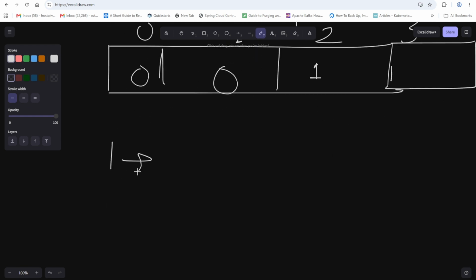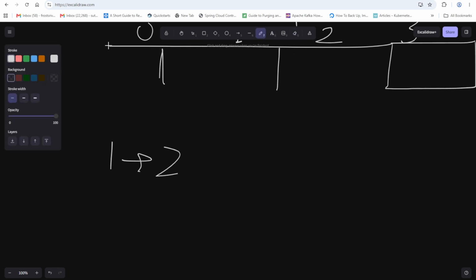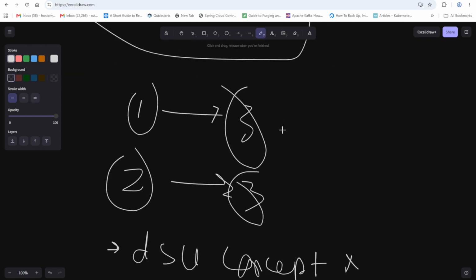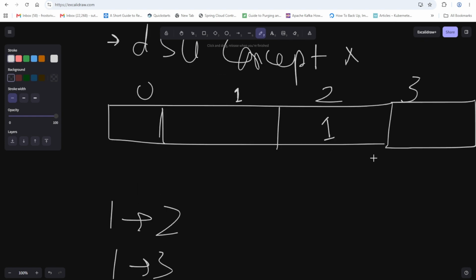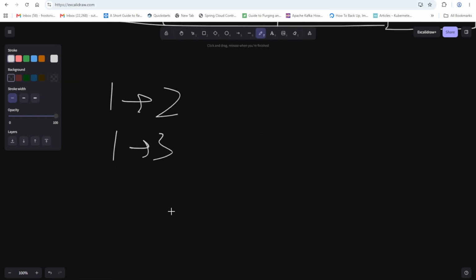First is 1 2, so it means 2 has a parent 1. Second is 1 3, so it means that 3 has a parent 1. And our next one was 2 to 3.